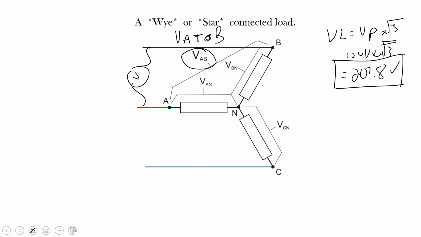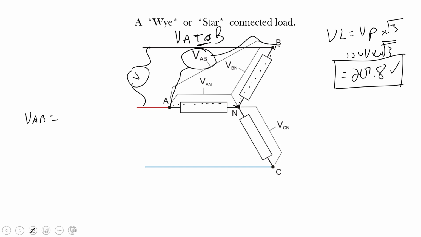So I have to say one lead goes to A, and it measures the difference in potential from A to B. So in order for me to get from A to B through the load, I have to go from A to N, and then from N to B. So I have to add voltages up for AB.